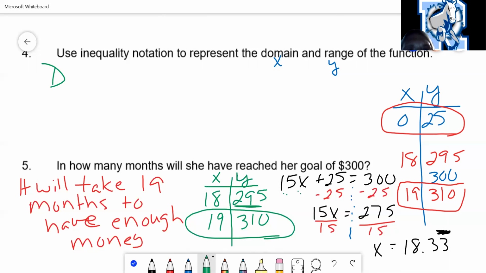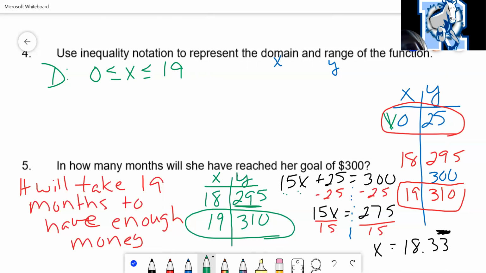Our domain, we're going to use inequality notation because they want us to use inequality notation. So it goes from 0 less than or equal to x less than or equal to 19.